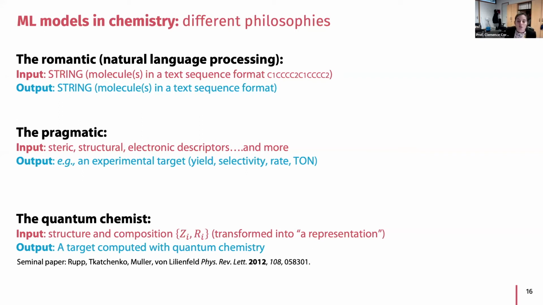And as I told you at the beginning, we are quantum chemists. So when we resolve the Schrödinger equation, in general, we only input the position of the atoms and the charge of the nuclei. And that's why in the ML model that we want to use, we want to input exactly the same thing. So namely only the XYZ geometry of an intermediate, without necessarily having to optimize it.